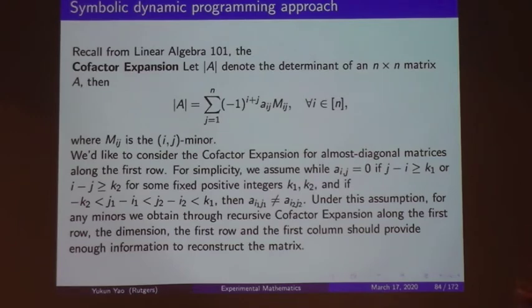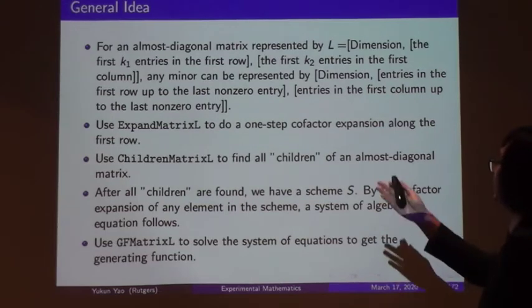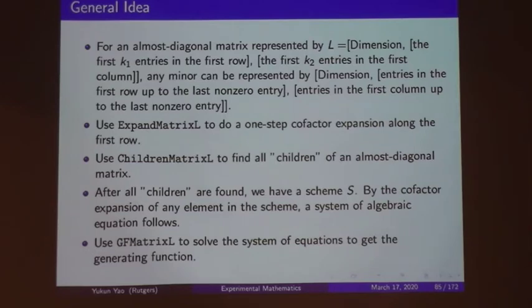And there's another approach which is called the symbolic dynamic programming approach. In this one, we use cofactor expansion. From cofactor expansion, we can get a set, let's say a scheme S. We call the elements the children of the matrix. First we use expand matrix L to do a one-step cofactor expansion along the first row.